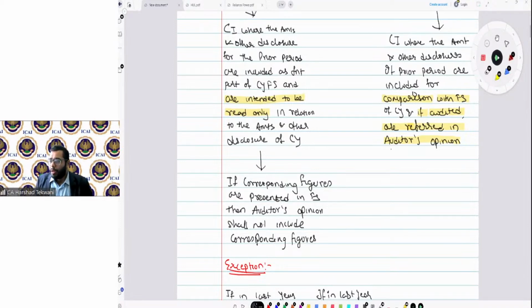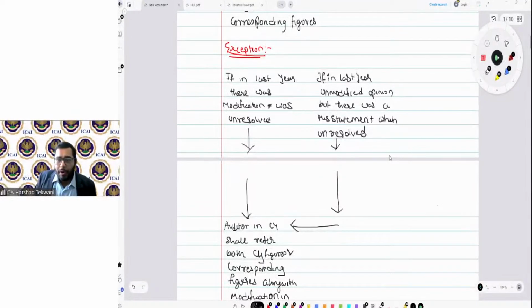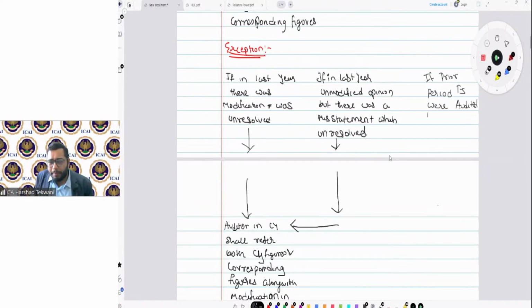Now, there are two scenarios with respect to the corresponding figures. The scenario is if the prior period financial statements were audited by any other auditor, a predecessor auditor.